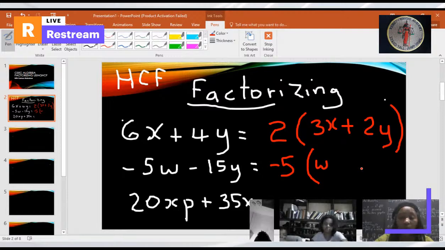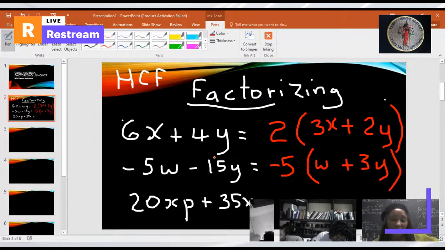Okay, so whatever we put in the bracket, we should be able to use the distributive law and expand it back to get the original thing. So if we have a negative 5 outside, we would need to multiply that by a positive 3y to get back a negative 15y.